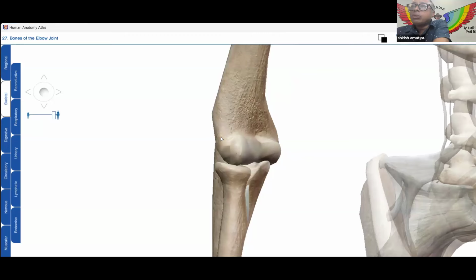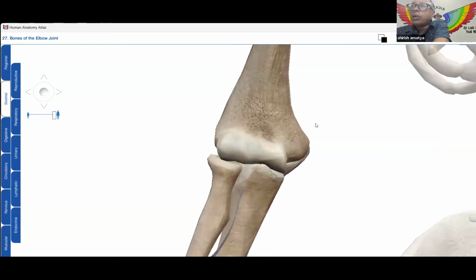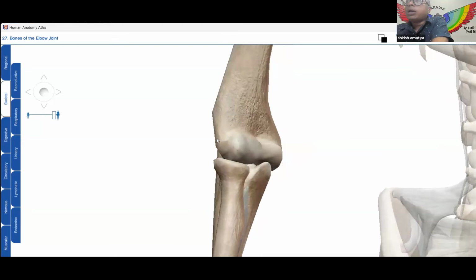It has great clinical significance, because many patients will come with medial elbow pain, where the common diagnosis would be golfer's elbow, where there is a problem with the flexor tendon attached to this bony projection. In the lateral aspect, we all know lateral elbow pain is a condition known as tennis elbow.